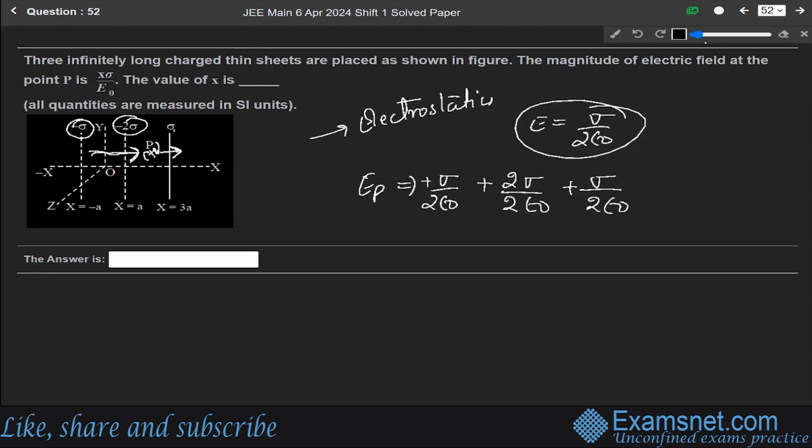So this becomes sigma over 2 epsilon naught plus 2 sigma over 2 epsilon naught plus sigma over 2 epsilon naught, which is 4 sigma over 2 epsilon naught. So it will be 2 sigma over epsilon naught. So the value of x is 2.